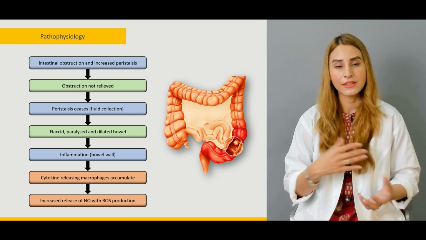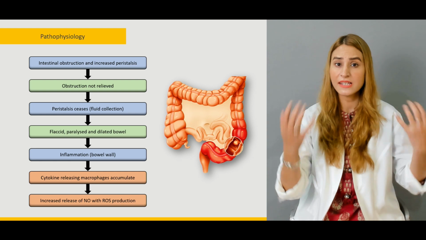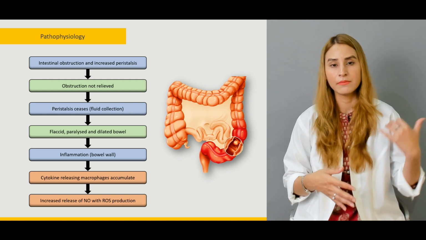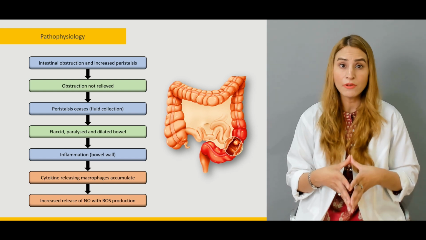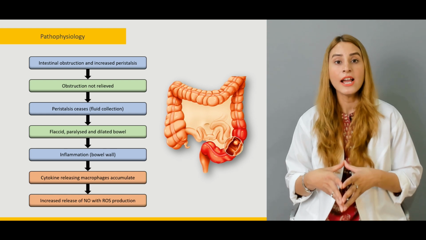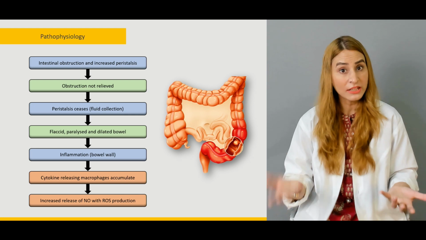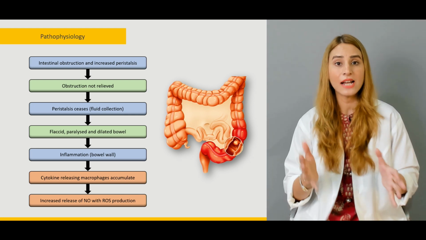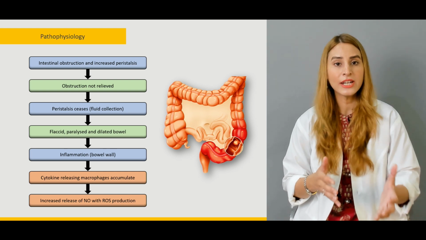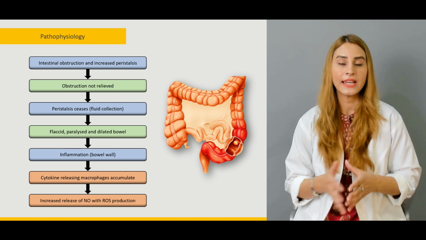And obviously when the peristalsis ceases, there's a fluid collection, because there are a lot of secretions coming into the lumen of the intestine, which include the saliva, about 500 ml, pancreatic secretion, about 500 ml, and gastric secretions, likely about 1 liter. So almost 2,000 ml or 2 liters of fluid is not being transported forward.